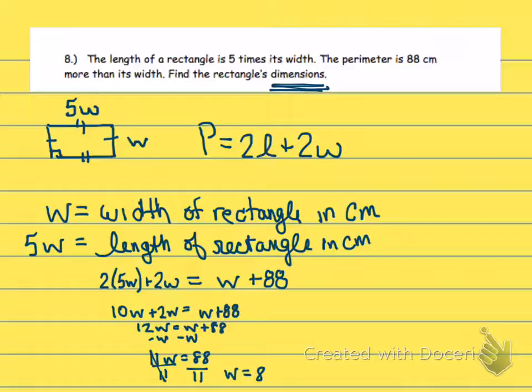Now I need to make sure that I'm answering the question. I just found that the width of the rectangle is 8 centimeters, but I was asked for the dimensions. So I also need to make sure that I plug that in to find the length. And then I want to answer the question.